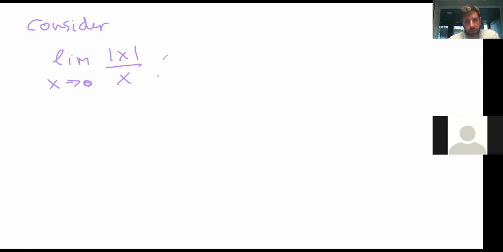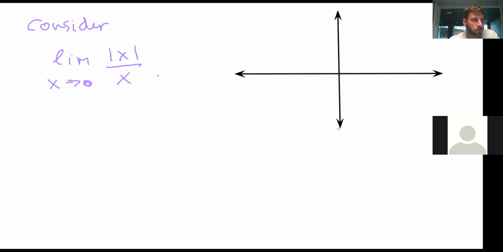So let's draw this. And maybe you're not too familiar with the absolute values. But this graph is actually very, very simple. It looks like the following. First off, it's undefined at 0.